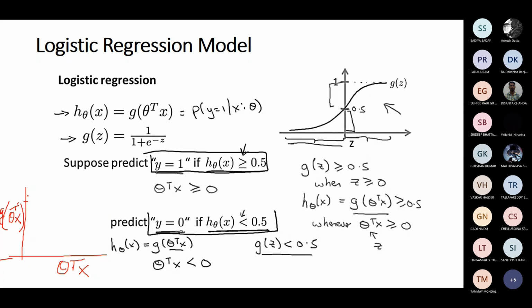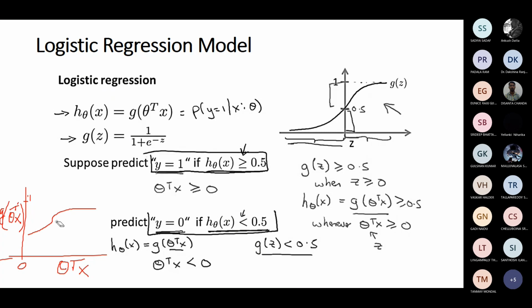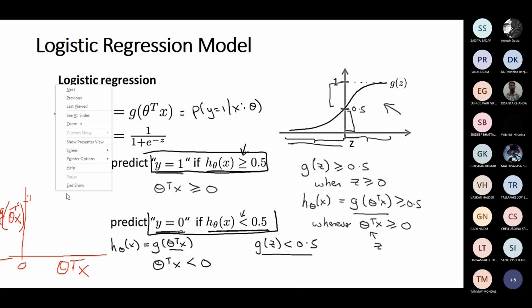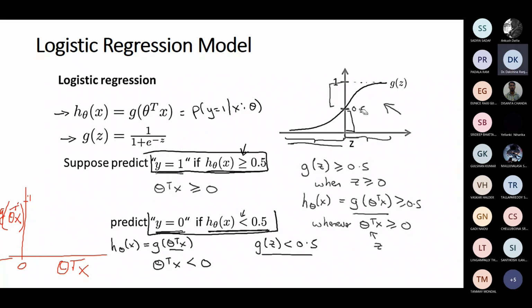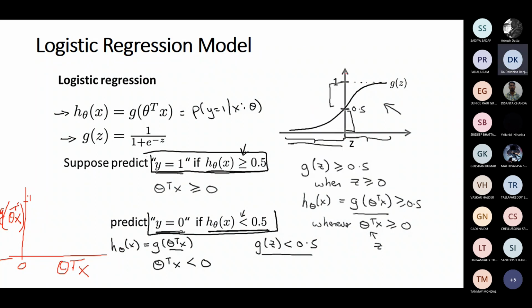This is 1, this is 1, and this is 0. Okay, let us consider this is the curve.